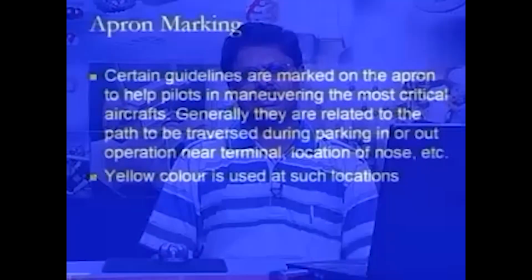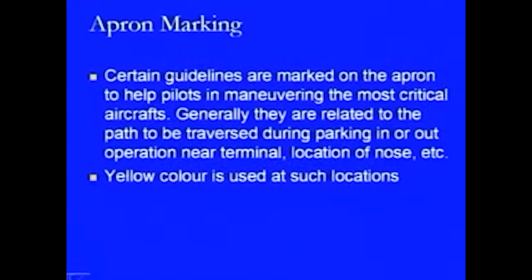In this case, most of such needs are provided by using yellow color. So, the yellow painted markings are provided on the pavement surface, and on the basis of that it is defined.